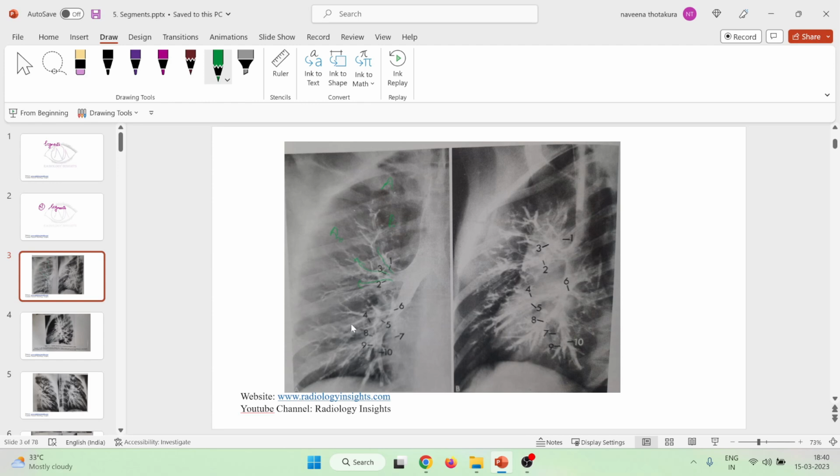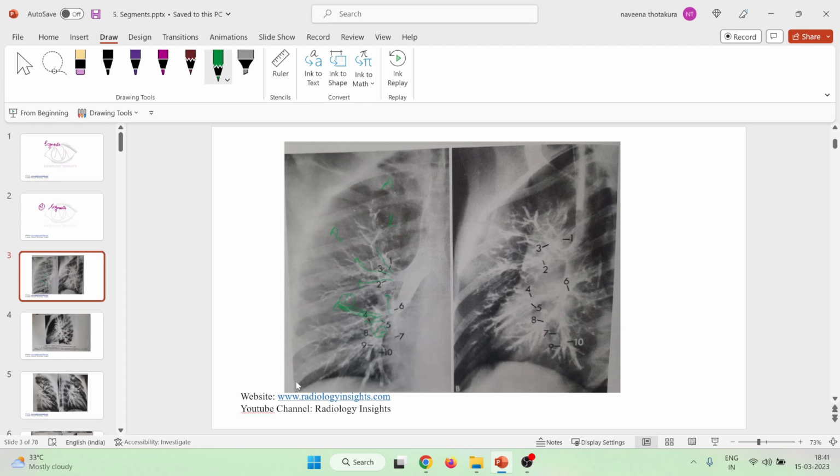Similarly, in the middle lobe we have only two: the lateral bronchus, which is 4, and the medial bronchus, which is 5. Then we have the lower lobe, which is divided into 5. One is the superior bronchus.